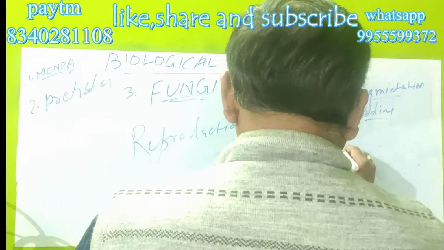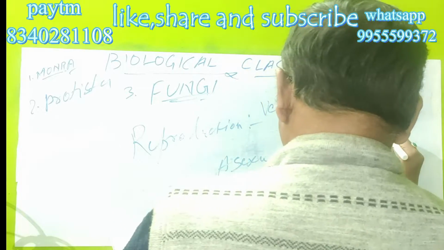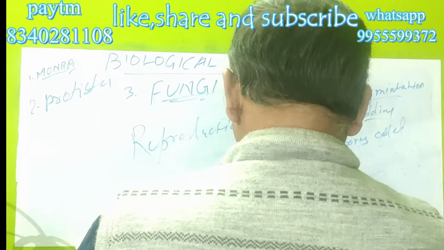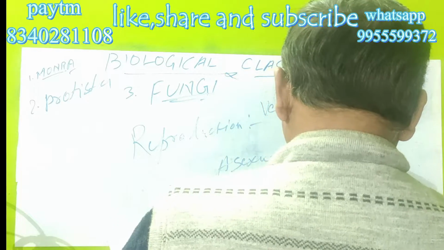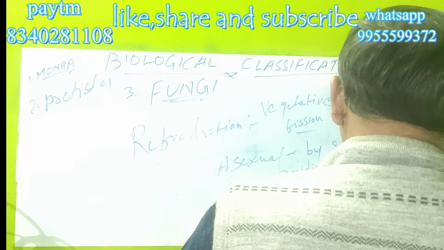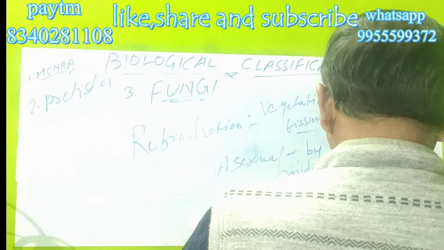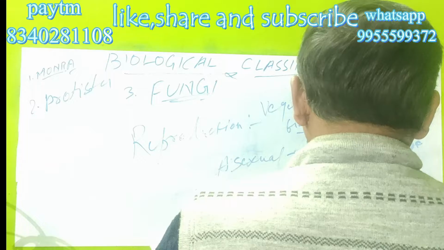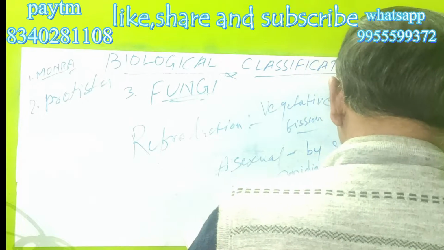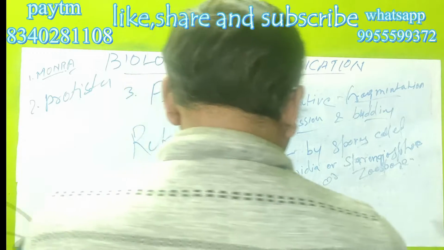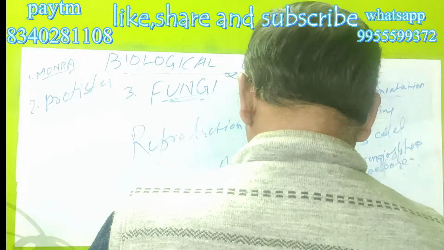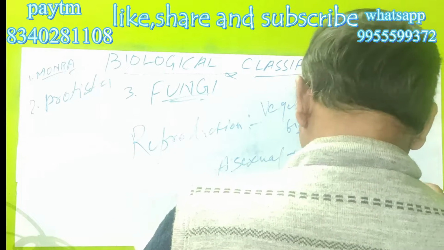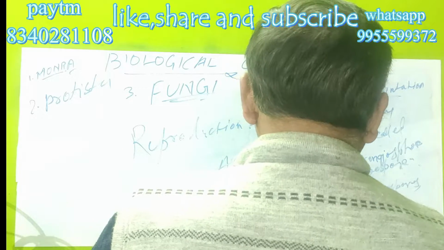Asexual reproduction is by spores called conidia, sporangiospores or zoospores, while sexual reproduction is by oospores, ascospores, and basidiospores.